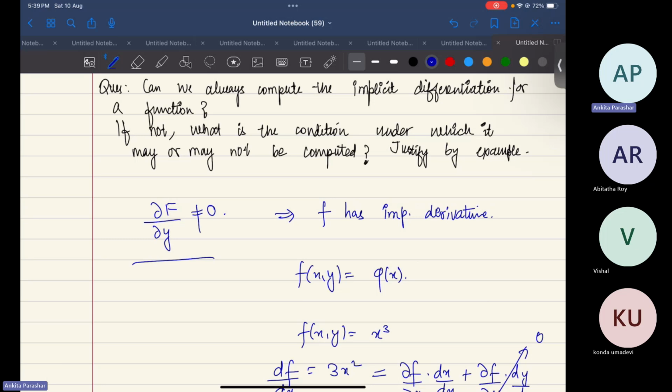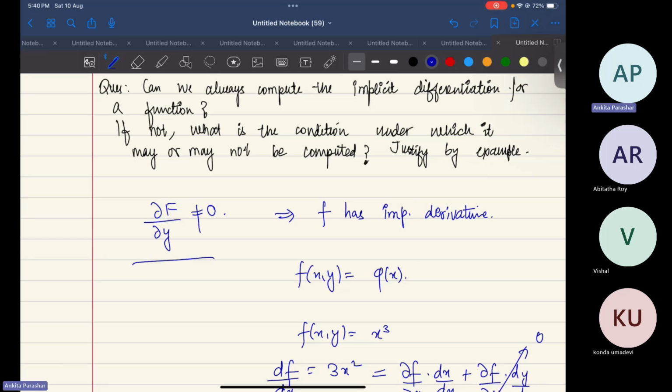But suppose you have a function which contains y, but the partial derivatives come out to be 0 and you cannot separate that in order to compute the derivative, can we do that? The whole purpose of doing this is that without separating y in terms of x, even then we can compute it, provided del f by del y makes sense.